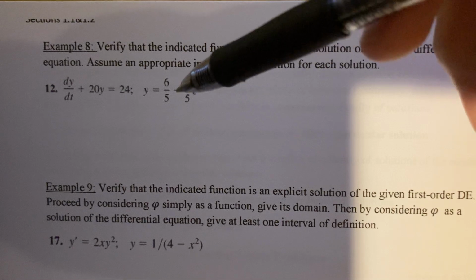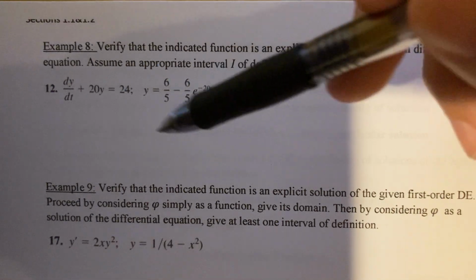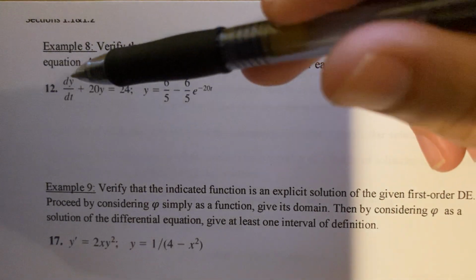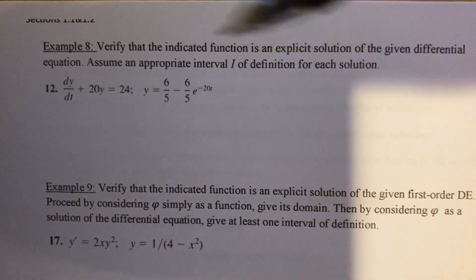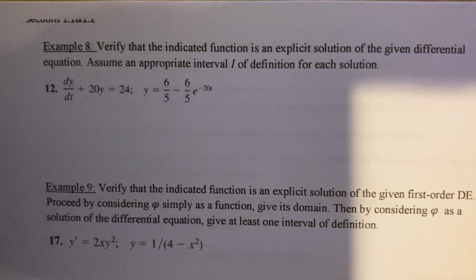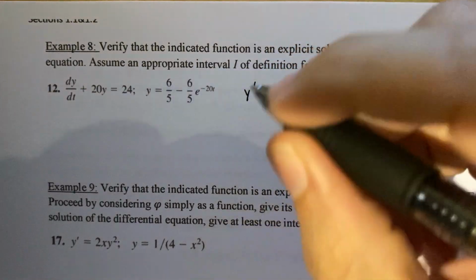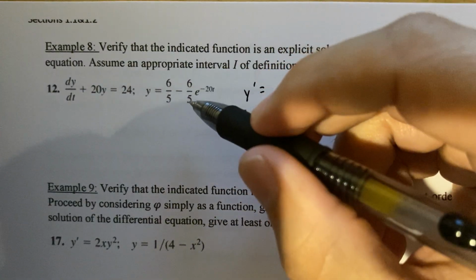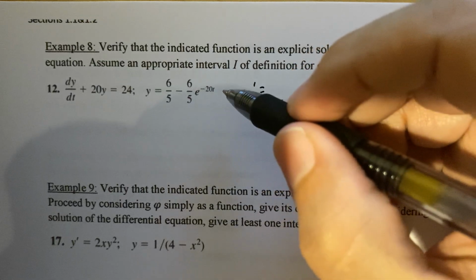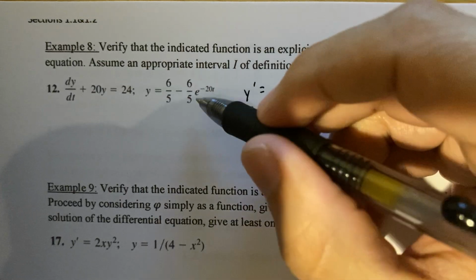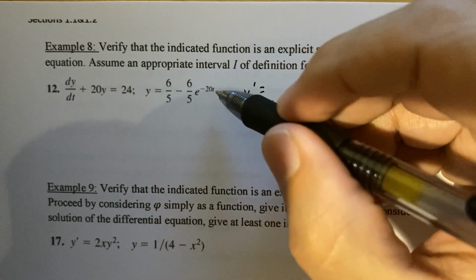So all we need to do is take the derivative of y, plug it into our differential equation and see if our differential equation holds true. So let's go ahead and take the derivative of y here. So y prime is equal to derivative of 6 over 5 is just 0, minus 6 over 5 e to the negative 20t. So we're going to multiply negative 6 over 5 times negative 20.